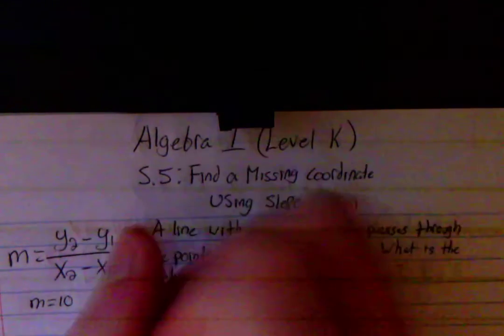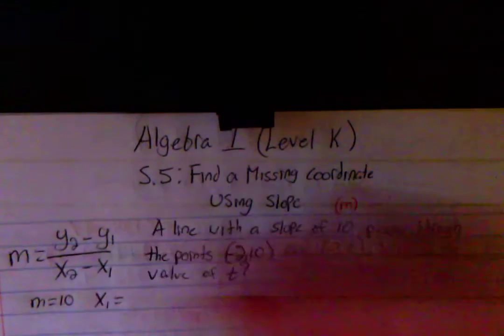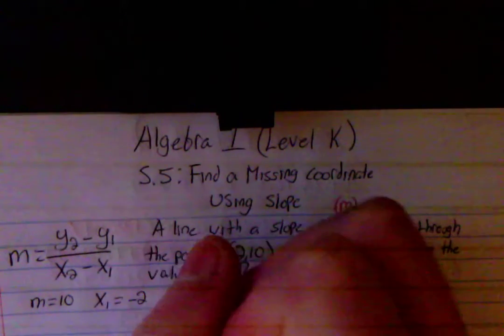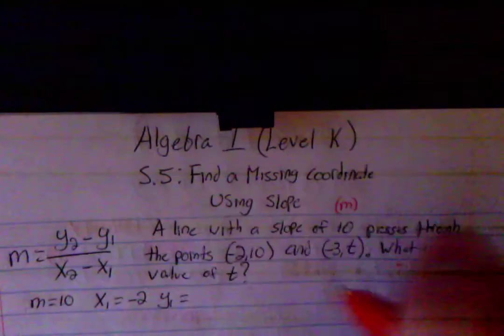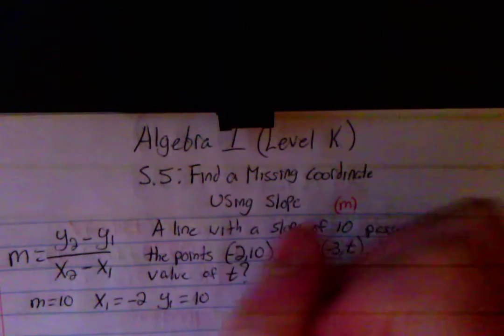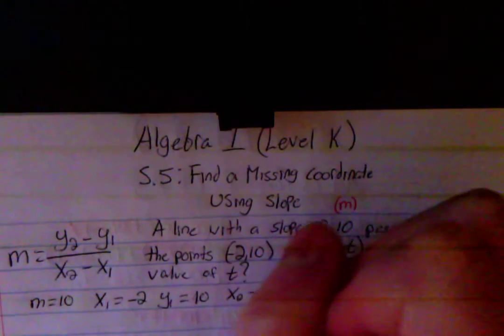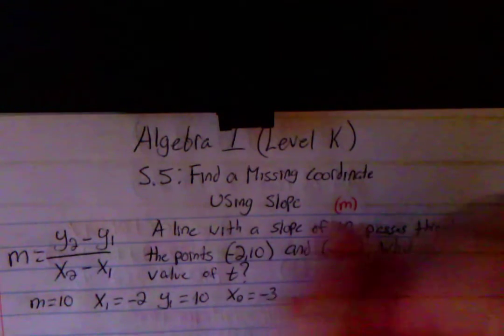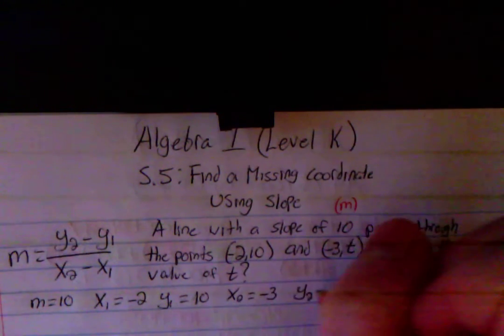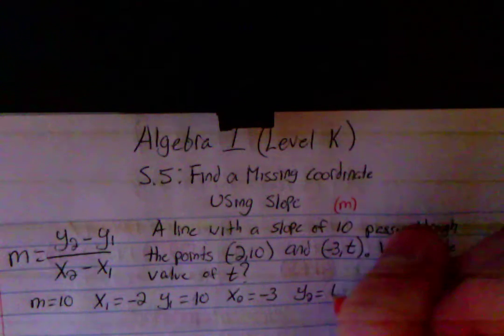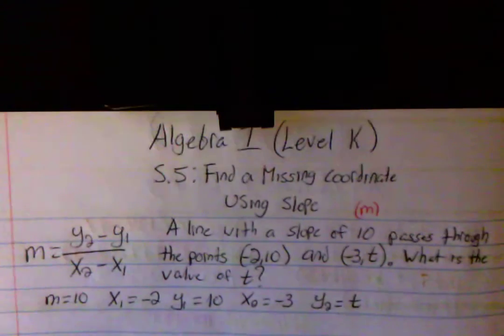I have x1 equal -2, y1 equals 10, x2 equals -3, and y2 equals t. So we don't know what t is.